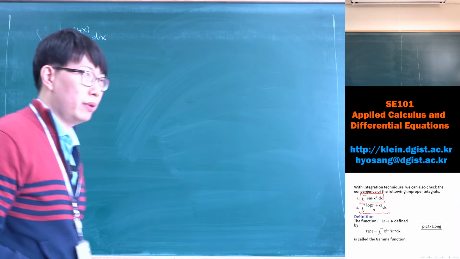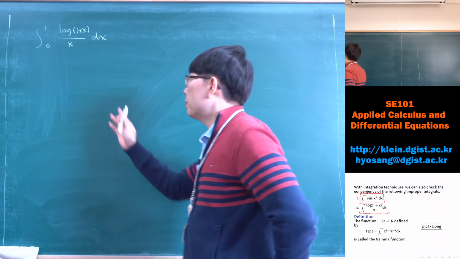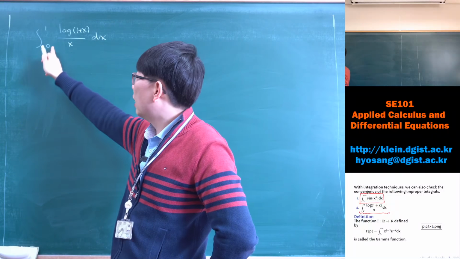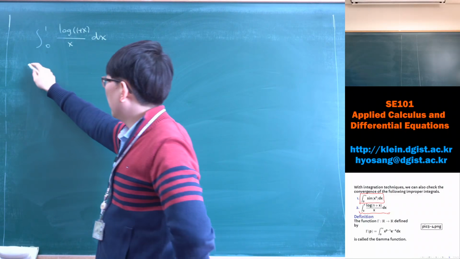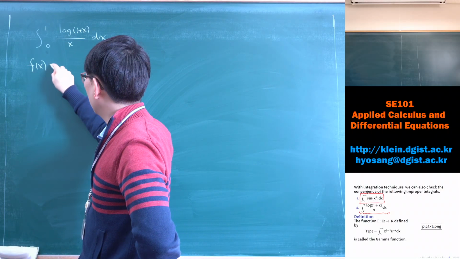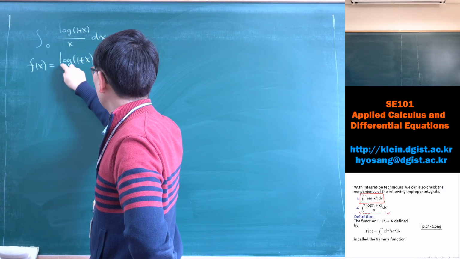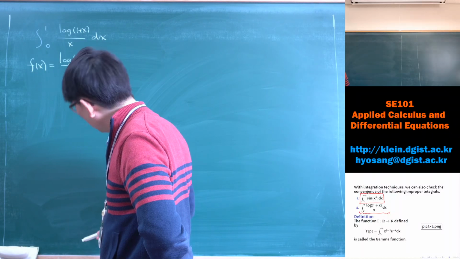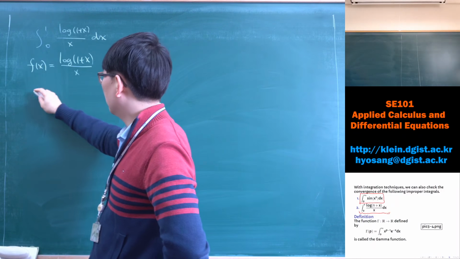It looks like an improper integral because this function is not defined at 0, which is the left limit of this integral. However, if you take the function log(1 plus x) over x, this function has a limit at 0.